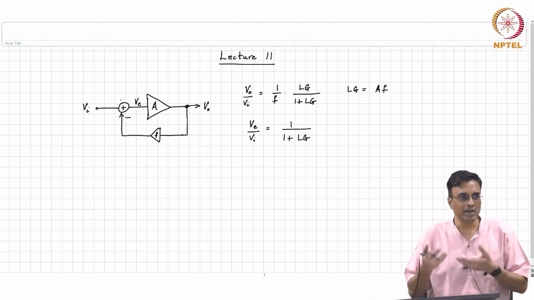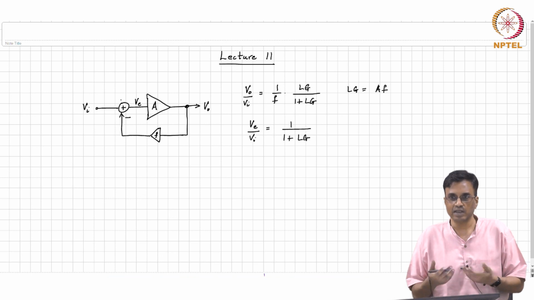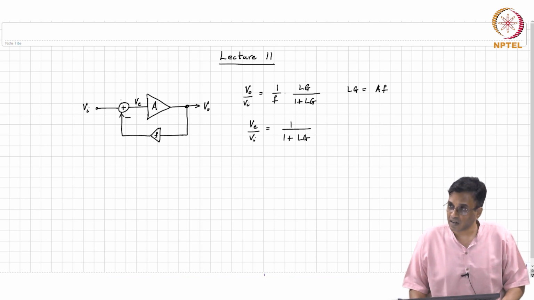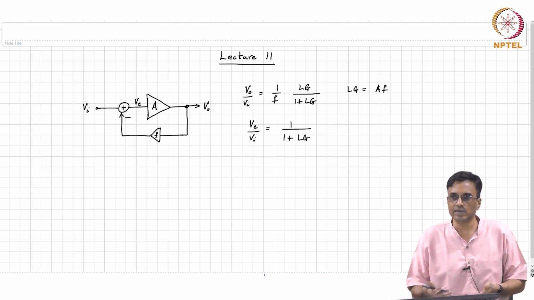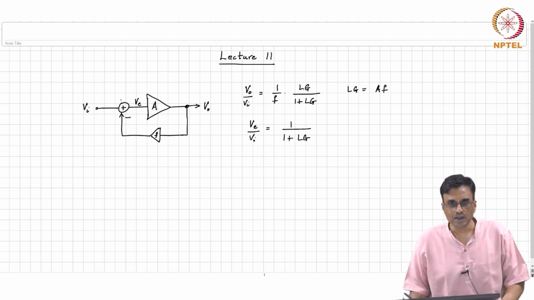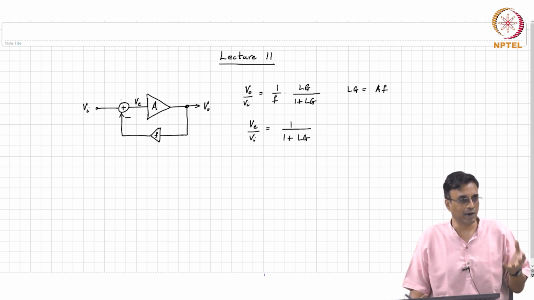Now, if temperature varies, what comment can you make about the values of the resistors? The values of the resistors will change, but we are looking for a resistor ratio, and even though the individual resistances change, both of them will change in the same manner, and therefore the ratio is very robust, even though the individual values of the resistances are not.